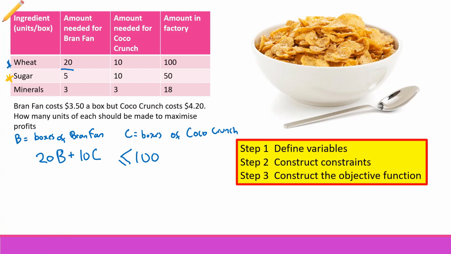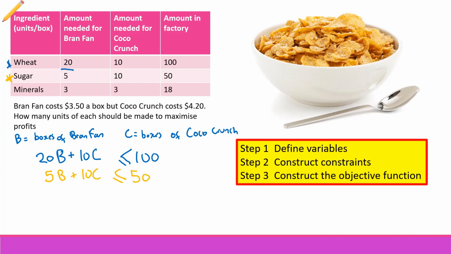Let me know in chat, guys, or out loud if you want. Oh, here's a suggestion: 5b plus 10c must be less than or equal to 50. I would say that is correct. 5b plus 10c must be less than or equal to 50. That is our second constraint.